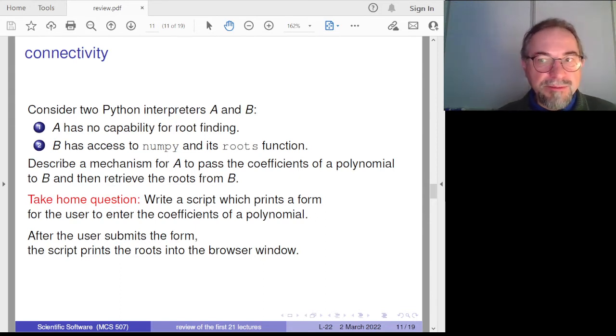So the first type of interfaces with calling other programs was then a precursor somehow to the web interfaces. So with web interfaces, you also have two programs interacting with each other. You have the web browser and you have the server. The purpose of the take-home question is to design a form that accepts polynomials.